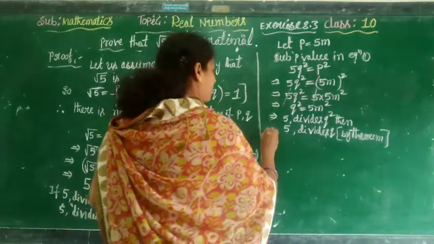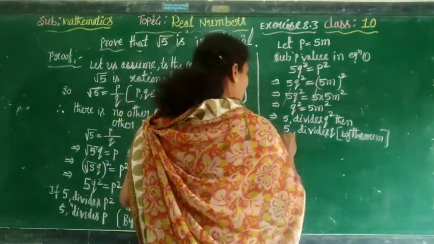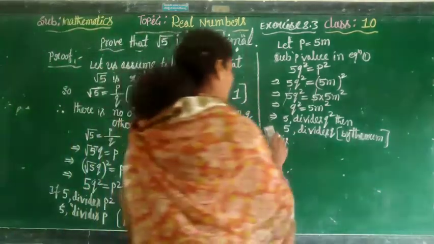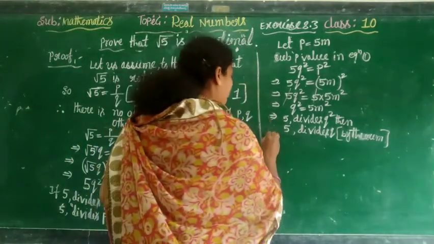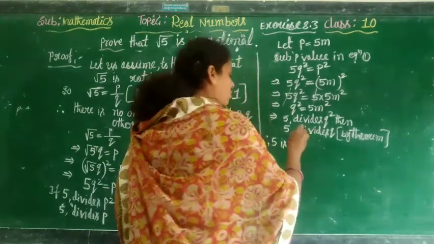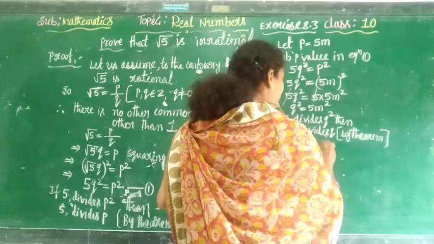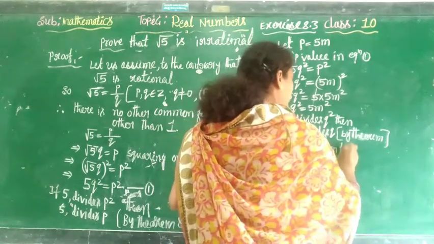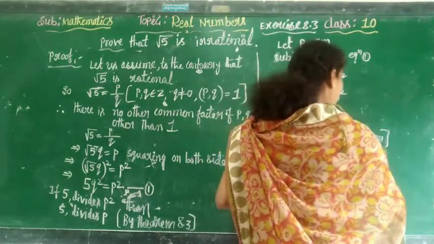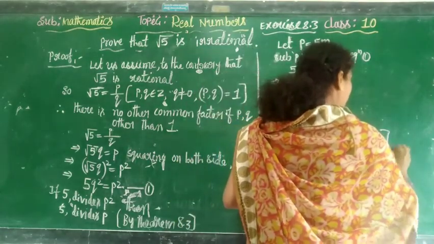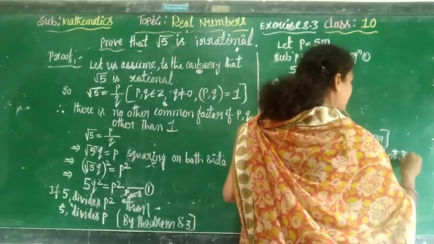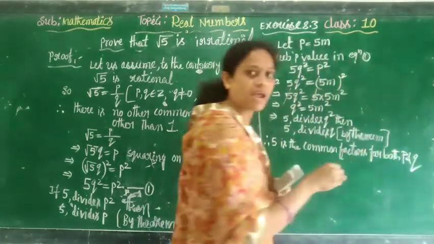Therefore, 5 is the common factor for both p and q.